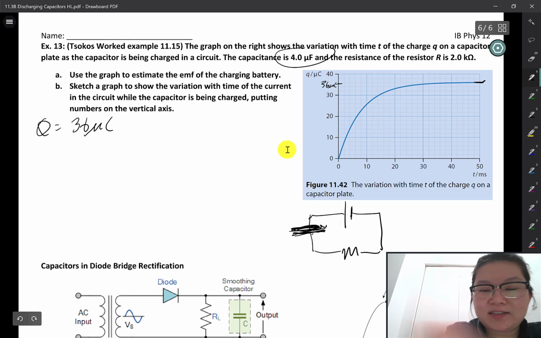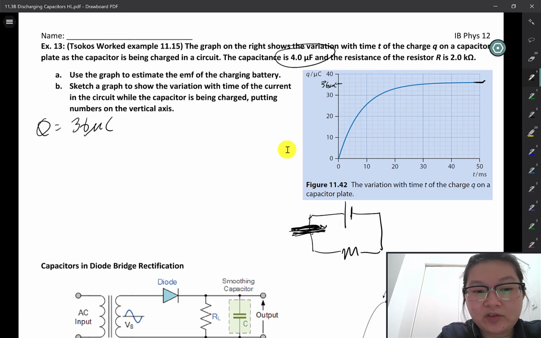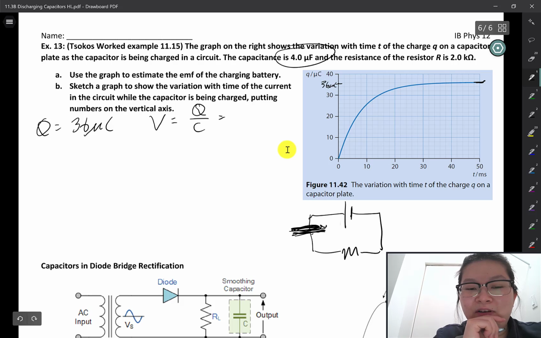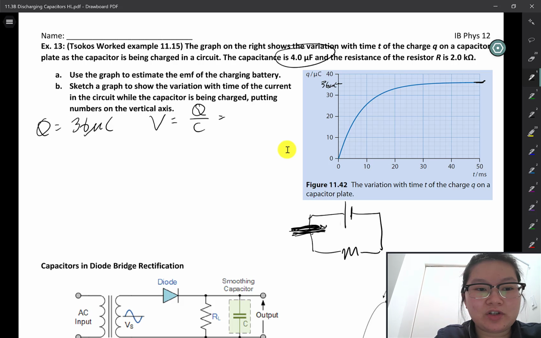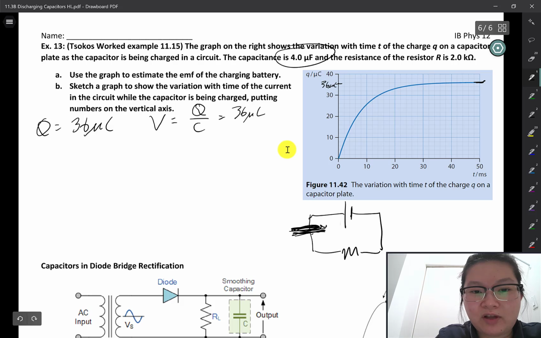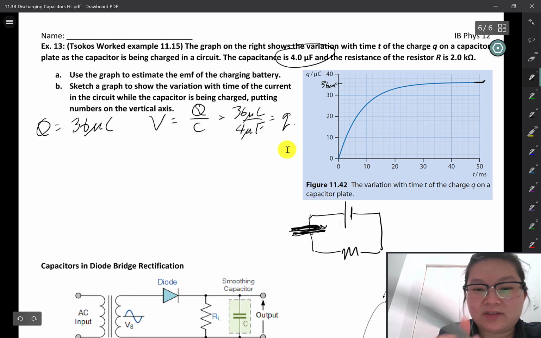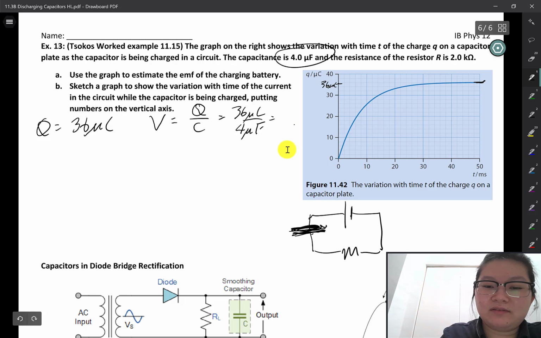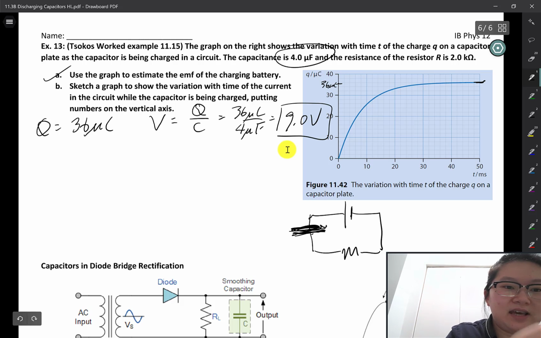I know the capacitance, so the voltage across my battery is going to be Q over C, which is exactly the same as the EMF at the end of the charge. So 36 microcoulombs over the capacitance, which is 4 microfarads. Micro cancels out, and this gives me 9 volts. It's a 9-volt battery, which makes sense. So that's the EMF. A is done.